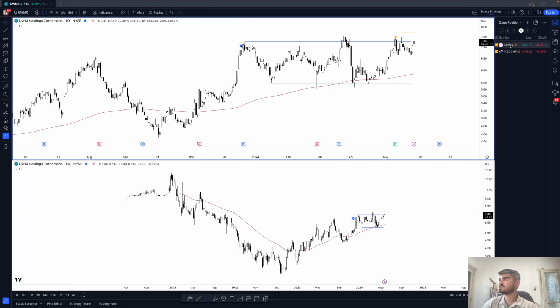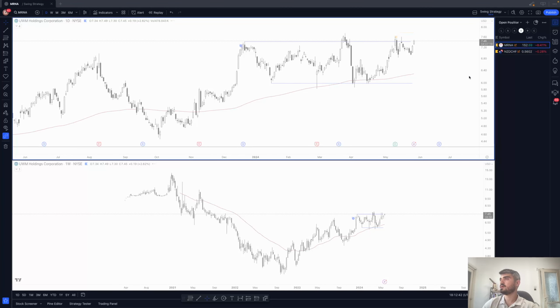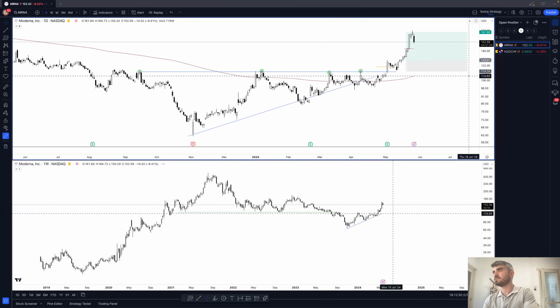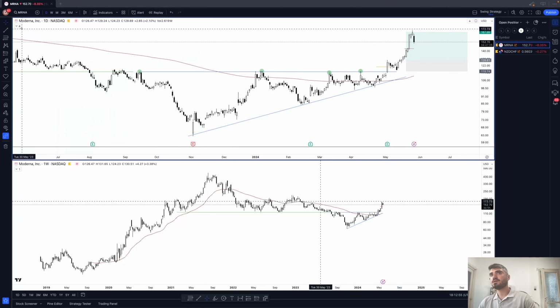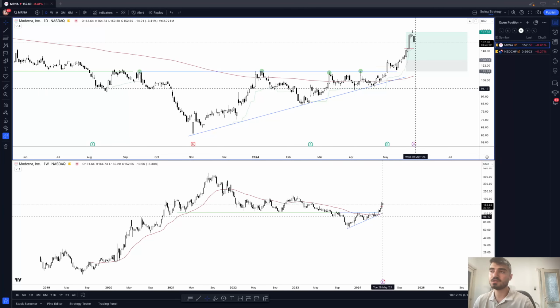Open positions, guys. So mRNA, which is a position that was going pretty well, but today is coming down pretty strongly. Currently I manage it by trailing ATR trailing stop. Okay, I'm taking 3 times the 10 period ATR.